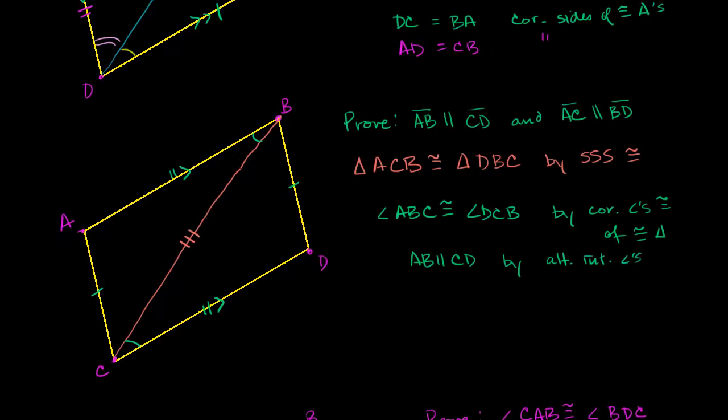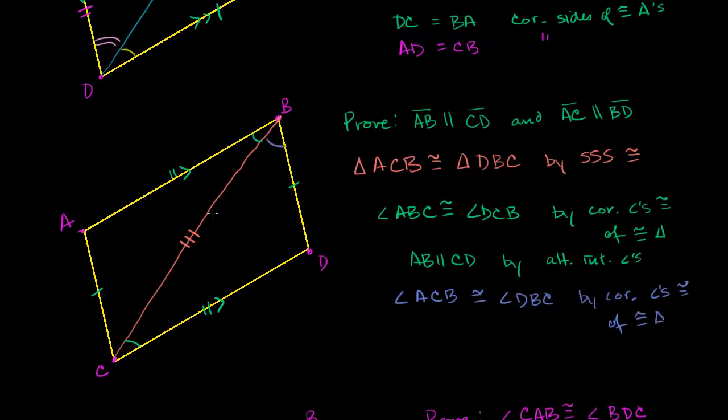Now we can use that exact same logic. We also know that angle ACB is congruent to angle DBC, by corresponding angles of congruent triangles.